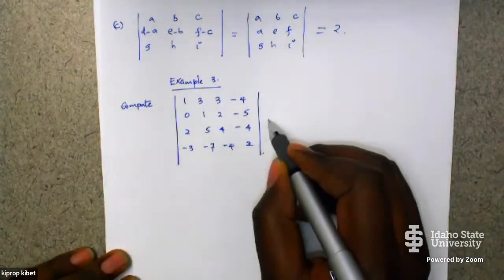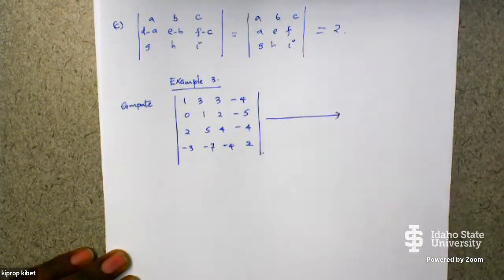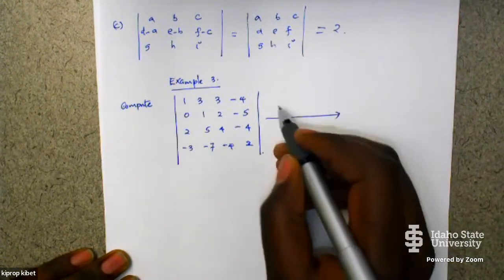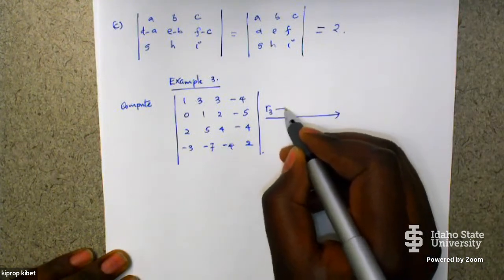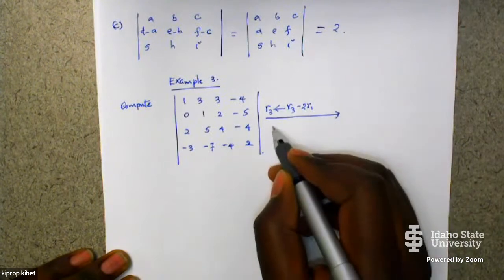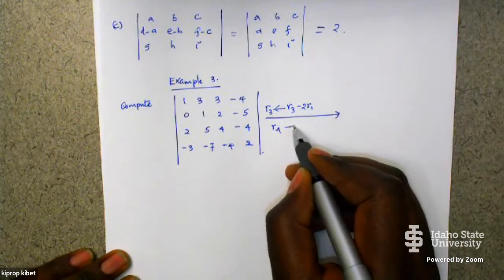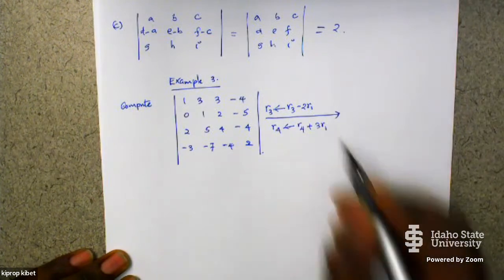So here, to row reduce this one, we can take the new R3 to be R3 minus 2 R1, and the new R4 to be R4 plus 3 R1.